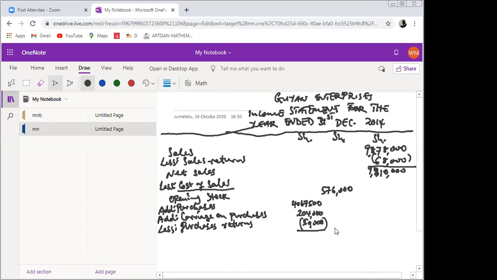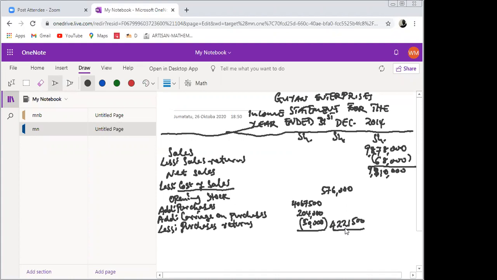How much do you get? 4,221,500. Okay, you add it to the opening stock.